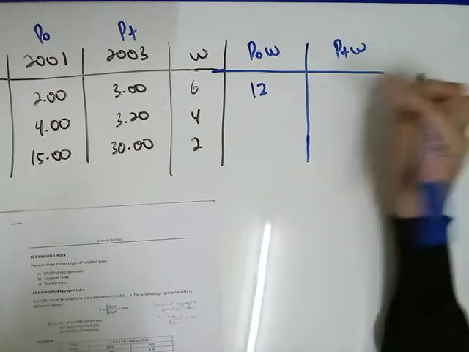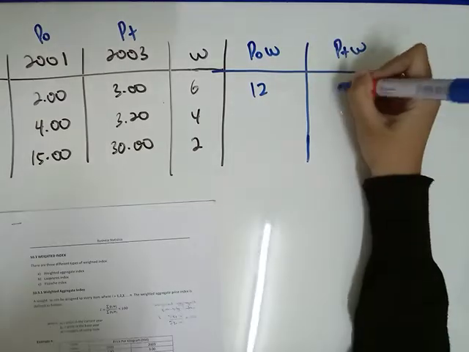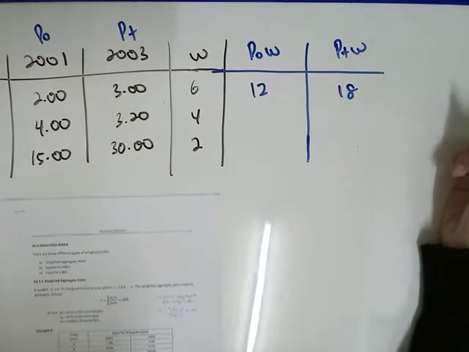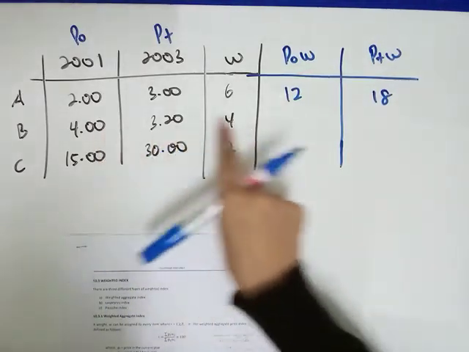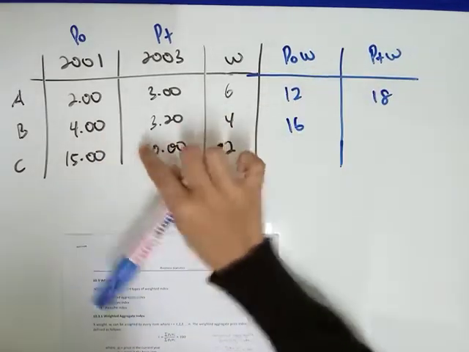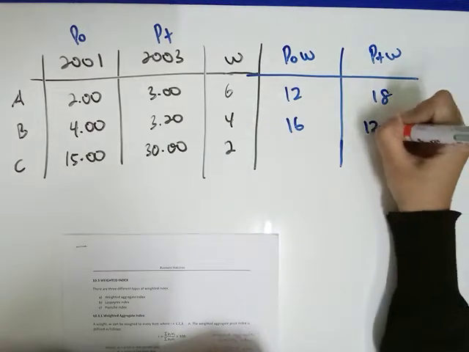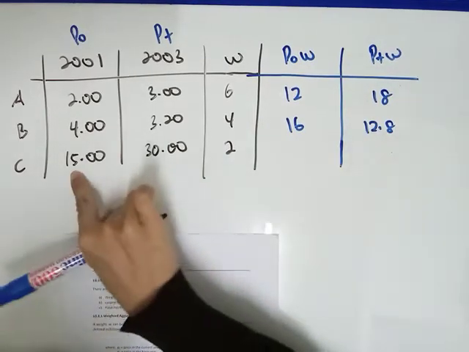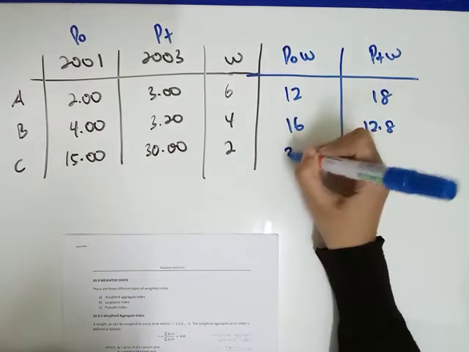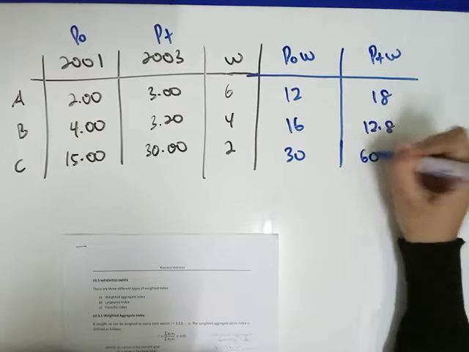Okay, and then for PT, current year, 3 times 6, you will get 18. Okay, and then 4 times 4, you get 16. 3.2 times 4, you will get 12.8. Okay, and then 15 times 2, you will get 30. 30 times 2, you will get 60.